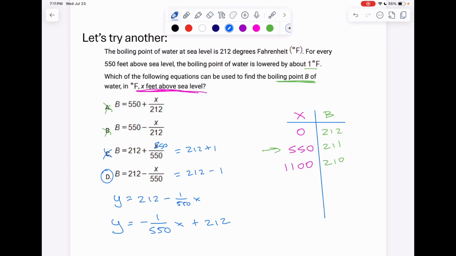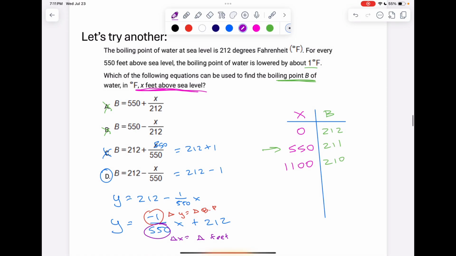We also did see, I'm going to put this negative in the numerator so you can really see it, that this would be our change in y. That's our change in y, which is our change in boiling point. And this would be our change in x. That's our change in the feet above sea level.